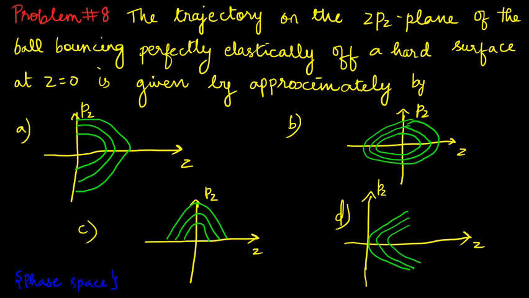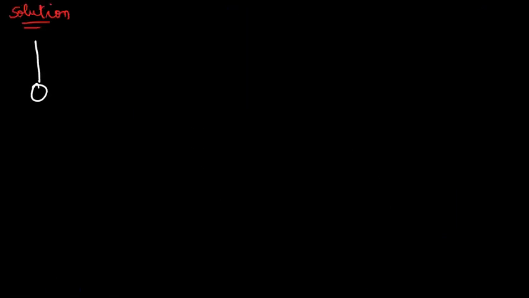So if you see, it's a z-pz plane and the ball is bouncing perfectly elastically. Elastic means if it goes up to a particular height, it will come back down to the same height.